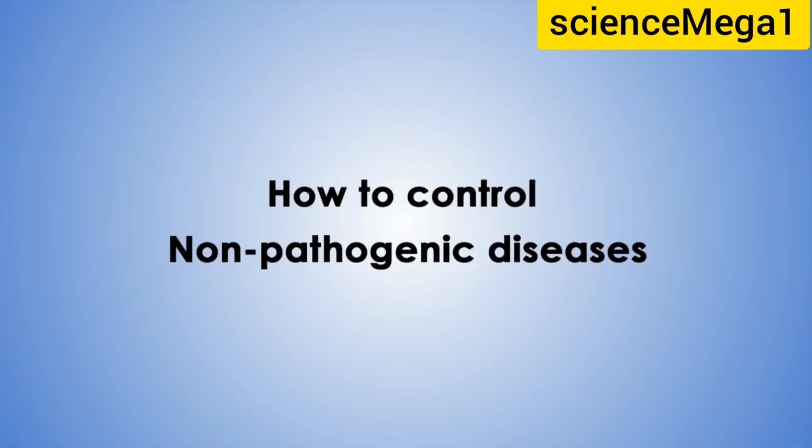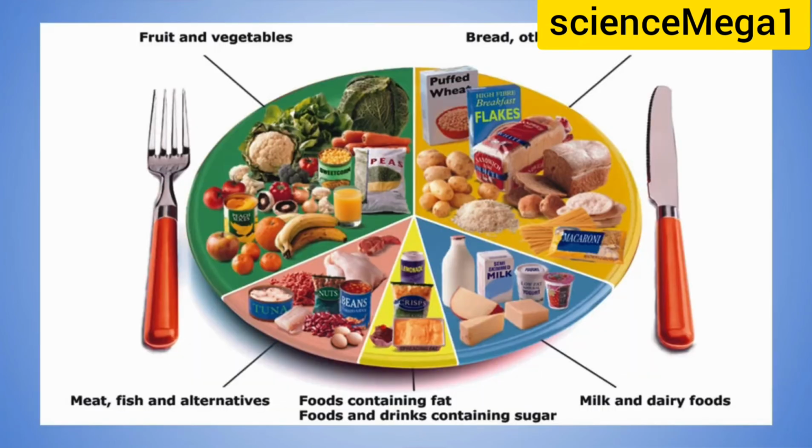Now let's look at how to control non-pathogenic diseases. First, eating a balanced diet, that is a diet that contains all the 6 food nutrients in their right amount or proportions. Secondly, 2 persons who are carriers of defective genes should be advised not to marry.